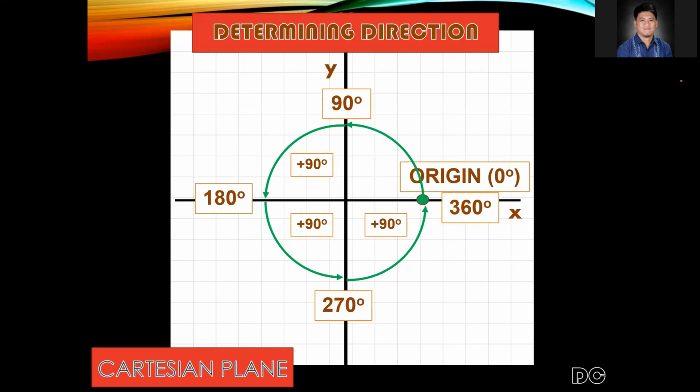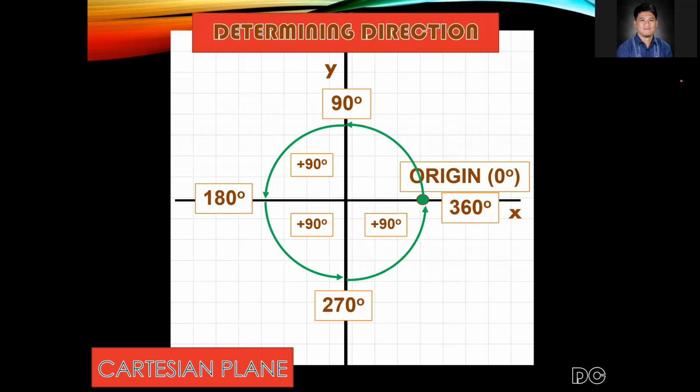And each of these angles, as mentioned earlier, the directions, which are the north, the south, the east, and the west, are determined through degrees. So what is the equivalent degrees of those particular directions? Each angle has an equivalent direction.